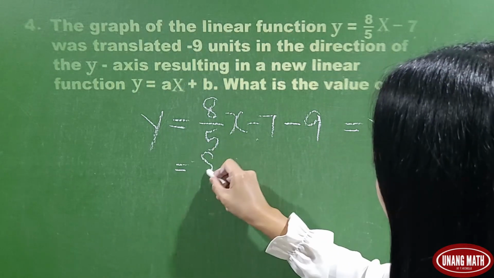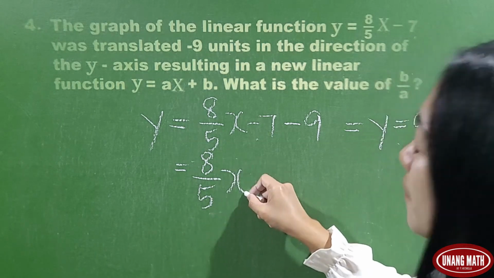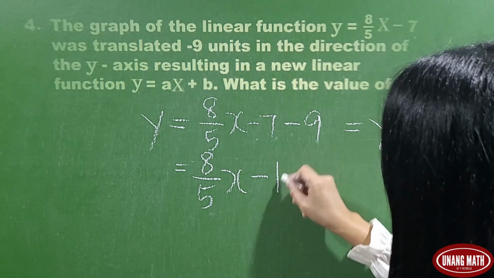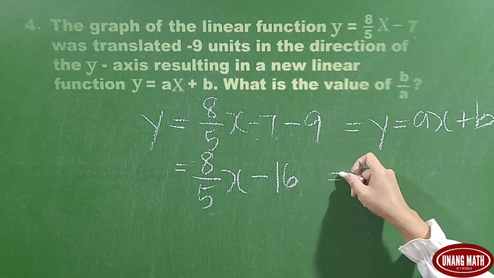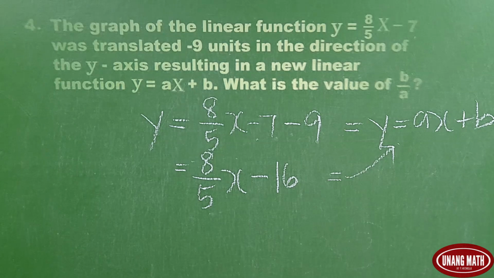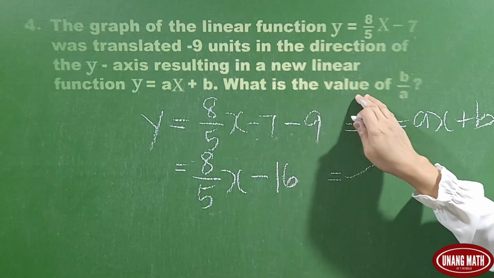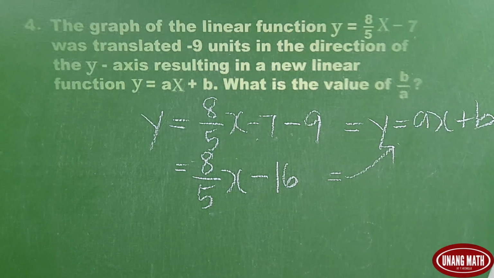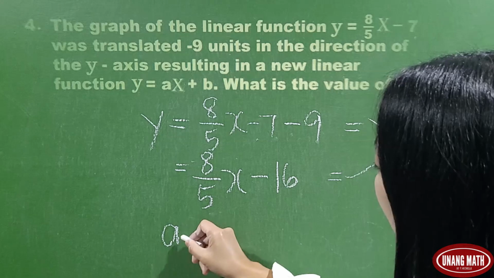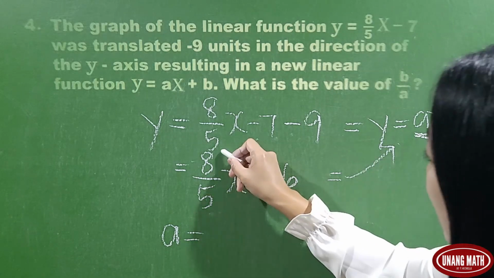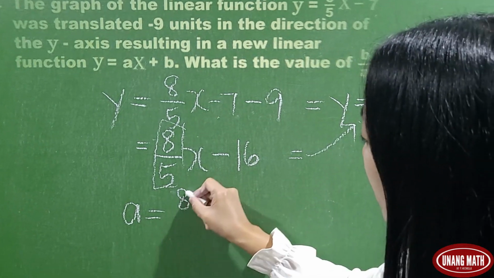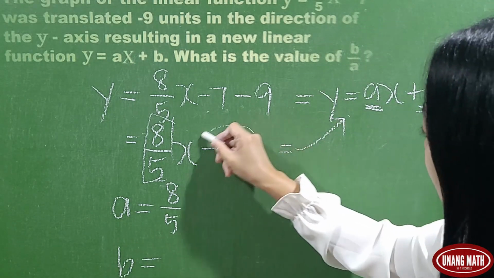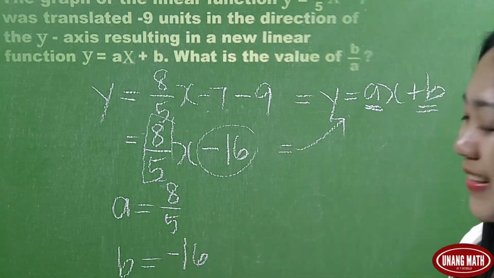This is 8/5 x, and -7 minus 9 is -16. We are looking for b over a. It means a is 8/5, and b is -16.